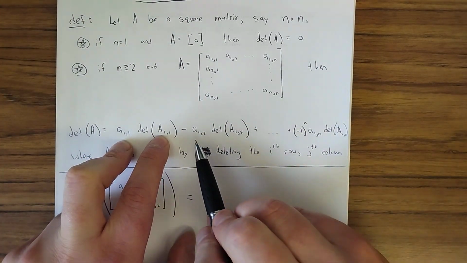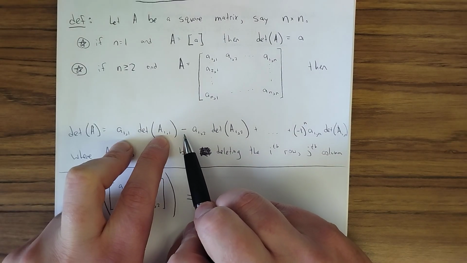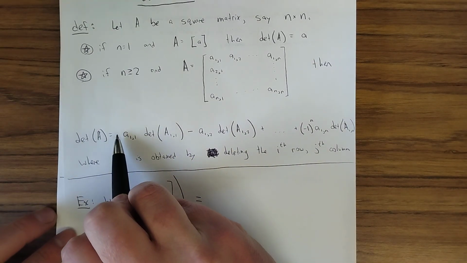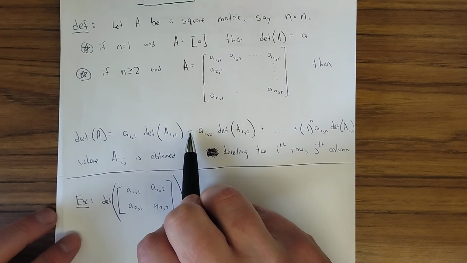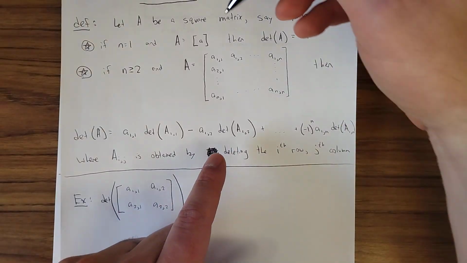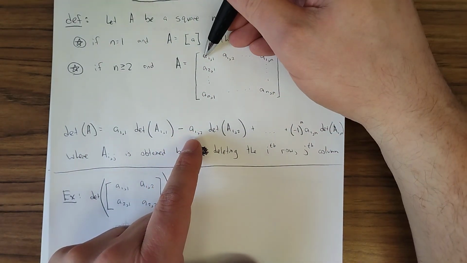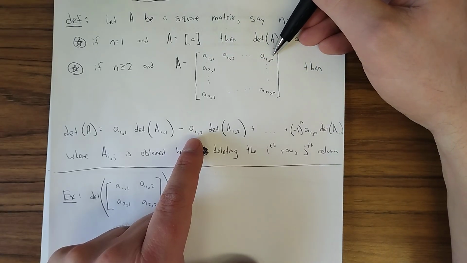And then as I go, there's going to be an alternating pattern of plus, minus, plus, minus. So this first one was a plus, and then that's going to be a minus, and so on. So the next one's a minus, and basically I keep going across this row.